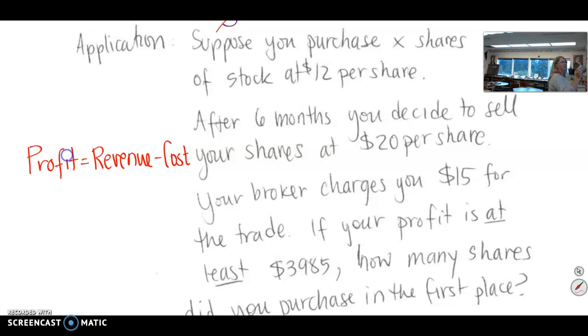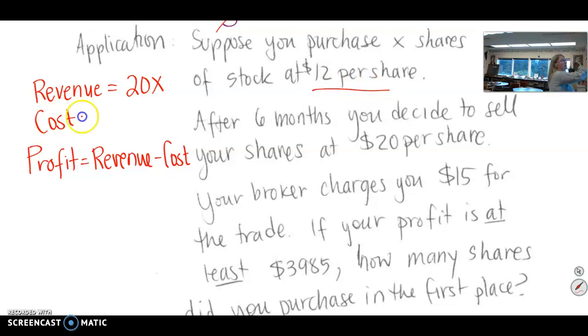So your profit is your revenue, which is how much is coming in, minus your cost, which is how much is going out. Our revenue is what we sell those shares for, which is $20, and we don't know how many shares, so it'd be 20x. We'd write an expression for that. Our cost is up front, we paid $12 for those x shares.